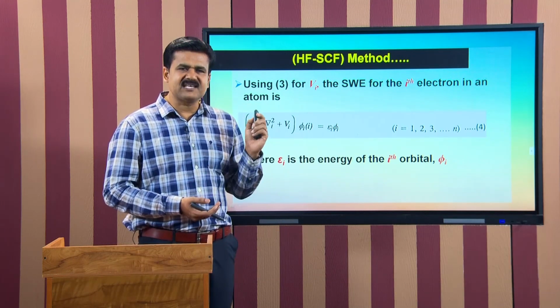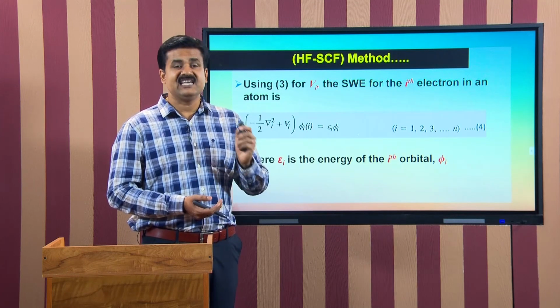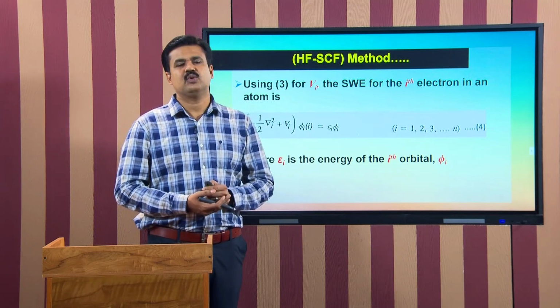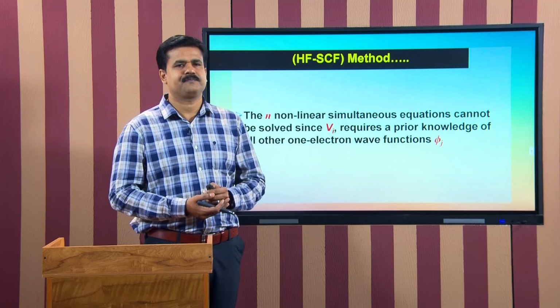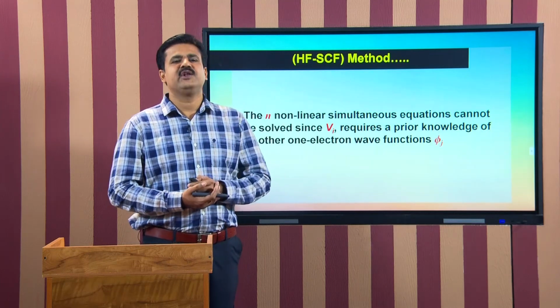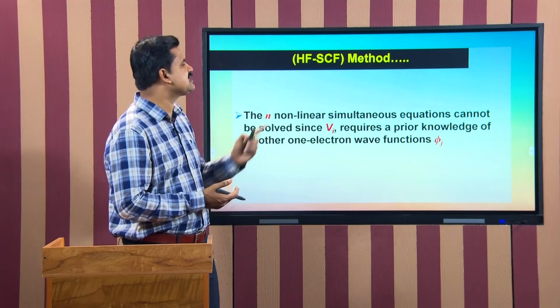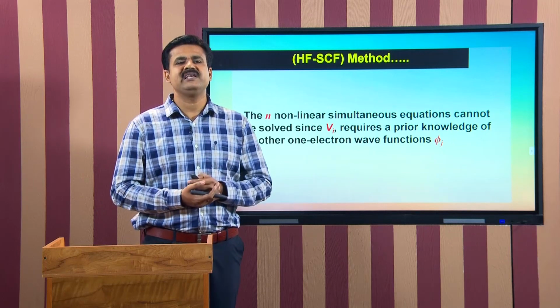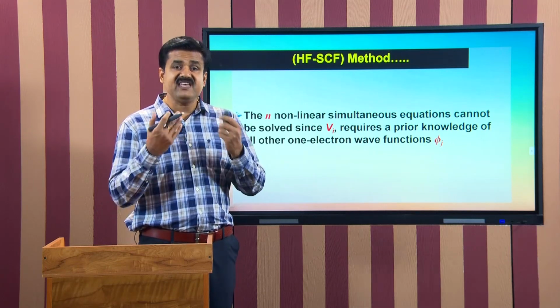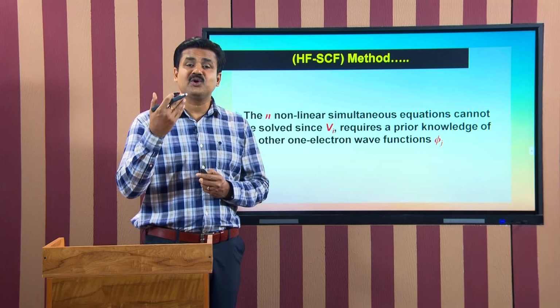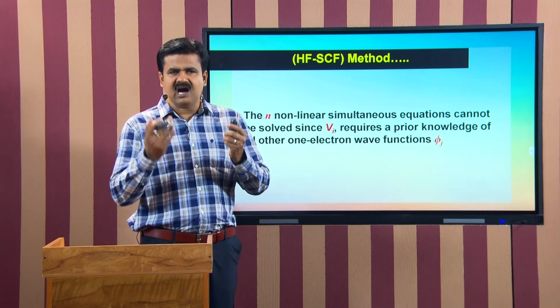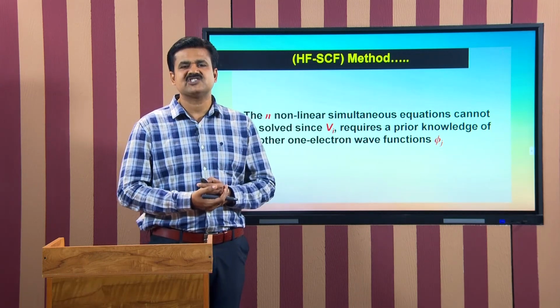Here, epsilon i is the energy of the ith orbital phi i. The n nonlinear simultaneous equations cannot be solved directly since Vi requires prior knowledge of all other one-electron wave functions phi j.